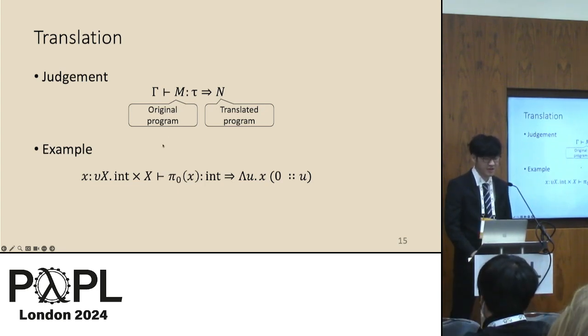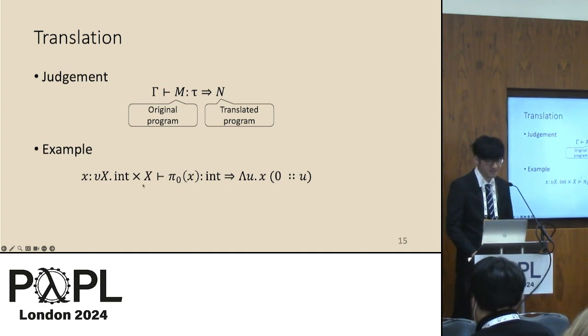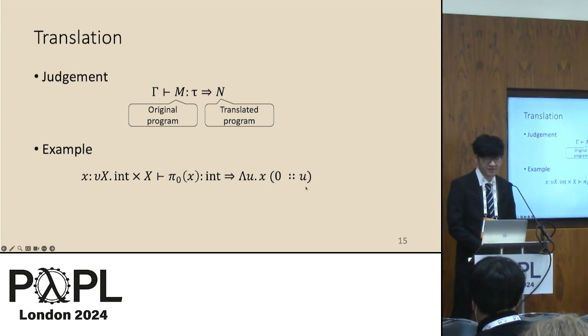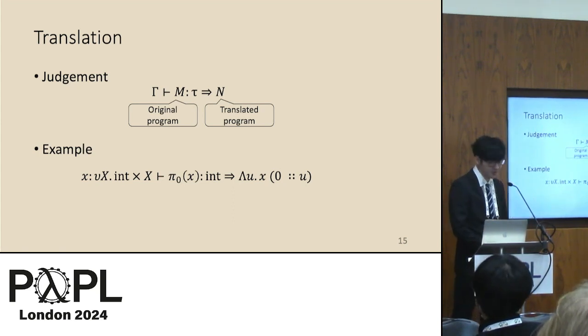Let's consider an example here. Suppose X is a variable of stream type. Pi0 X represents the head of the stream X. It is translated into a function like this. This function returns the first element of the stream if the argument u is the null list.